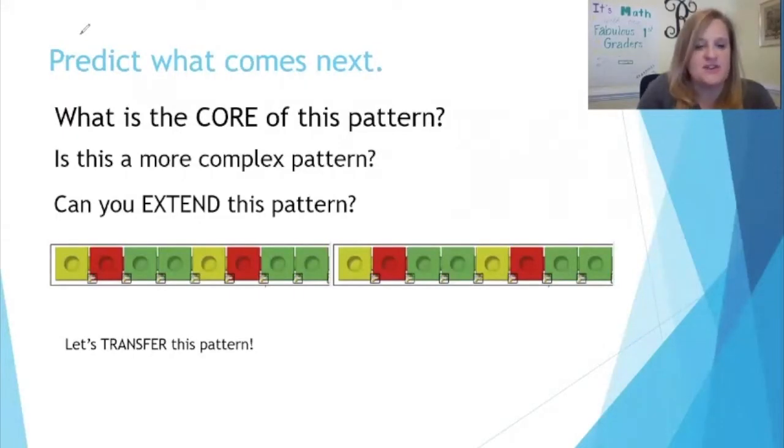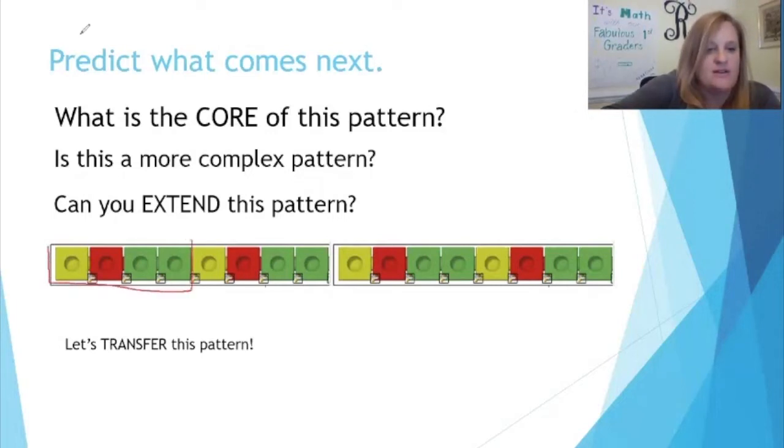Let's transfer this pattern. Transfer means to make the same pattern in a different way, to show the same pattern in a different way. So first, if we were going to transfer this pattern, I know that this is the core of the pattern. So that's the part that repeats. I'm going to make a pattern using letters this time.